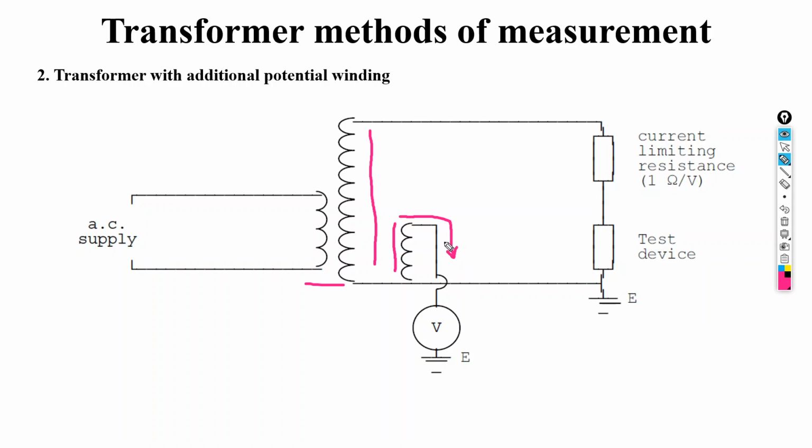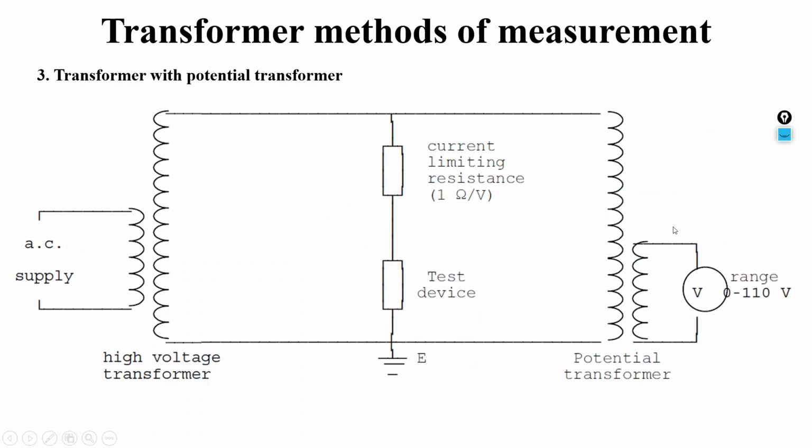Here a voltmeter is connected across the additional potential winding. The voltage across it can be easily measured with a laboratory voltmeter, and if the ratio of this additional potential winding with respect to the secondary winding is known, we can easily determine the voltage at the high voltage side with the help of this additional winding and a voltmeter connected across it.